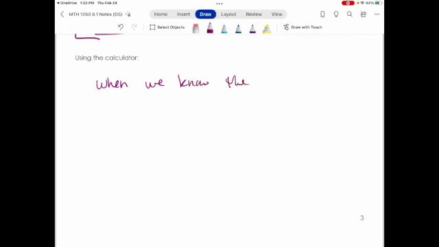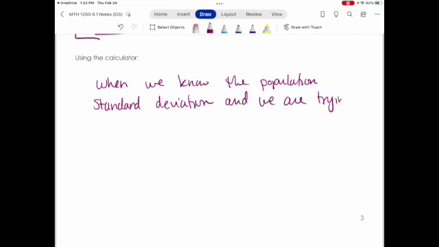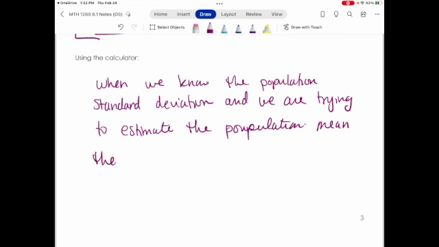When we know the population standard deviation and we are trying to estimate the population mean, then we use z-interval.